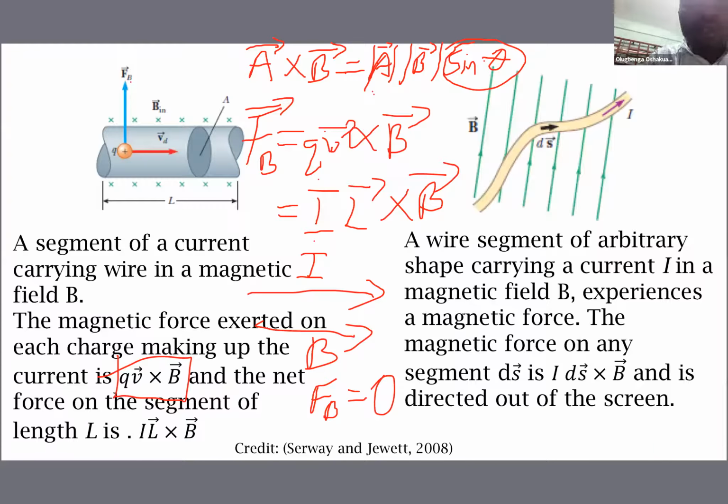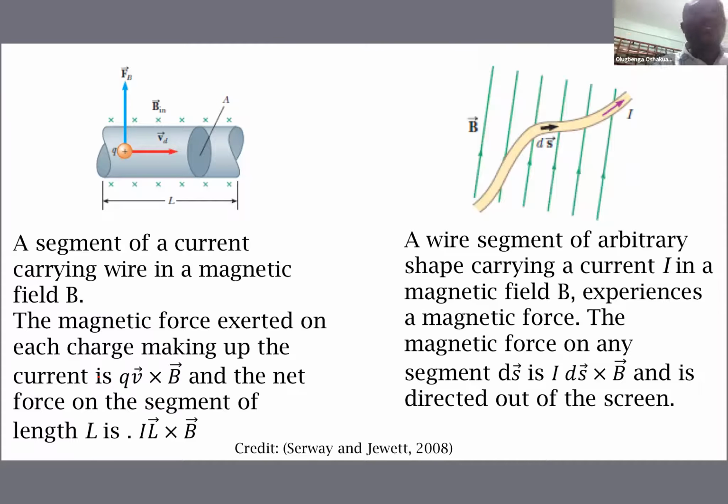So a wire segment of arbitrary shape carrying current I in a magnetic field B experiences magnetic force. The magnetic force on any segment ds, now I'm referring to this figure, is I ds cross B. And the magnetic force is directed out of the screen.